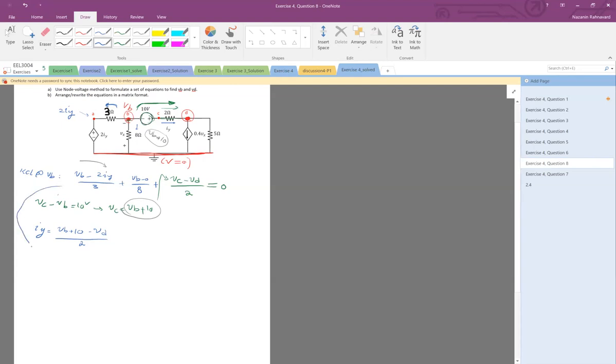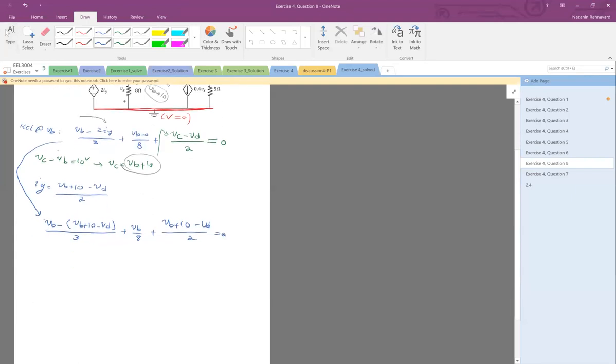So basically this equation here, VB minus 2 times IY, gives me VB plus 10 minus VB, that's 2IY, divided by 3, plus VB over 8, plus VC, which is VB plus 10 minus VD, divided by 2, equal to 0.